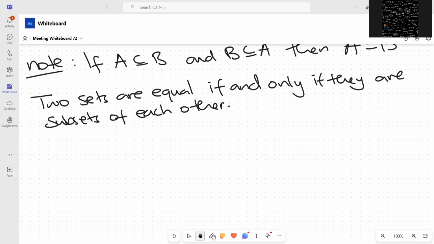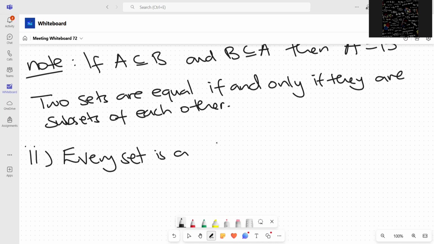Okay. Another thing to take note of, so this would be number 2, is that every set is a subset of itself. Okay, so we say A is a subset of A. Every set is its own subset because, again, we should think of definitions, what a subset means.